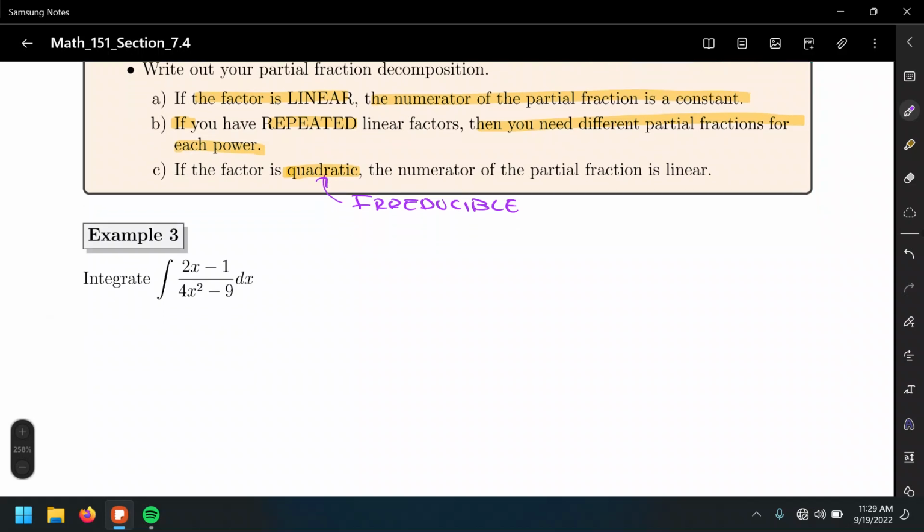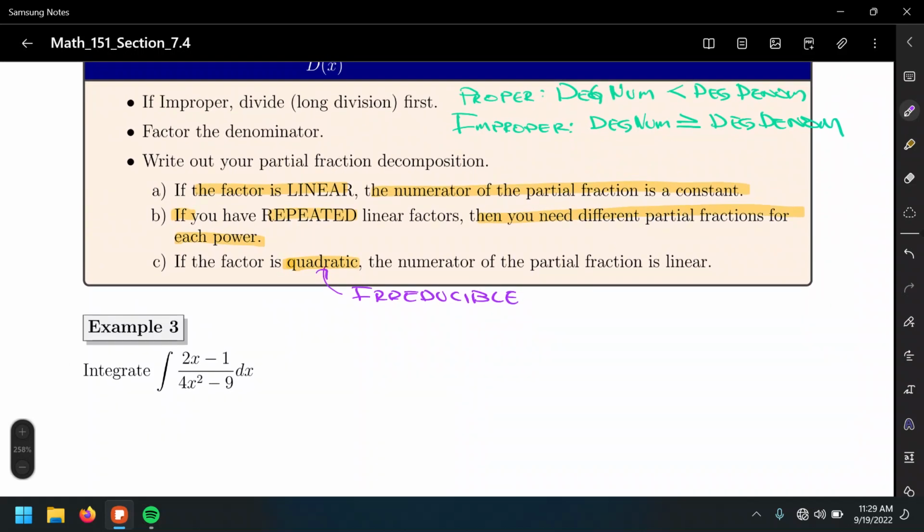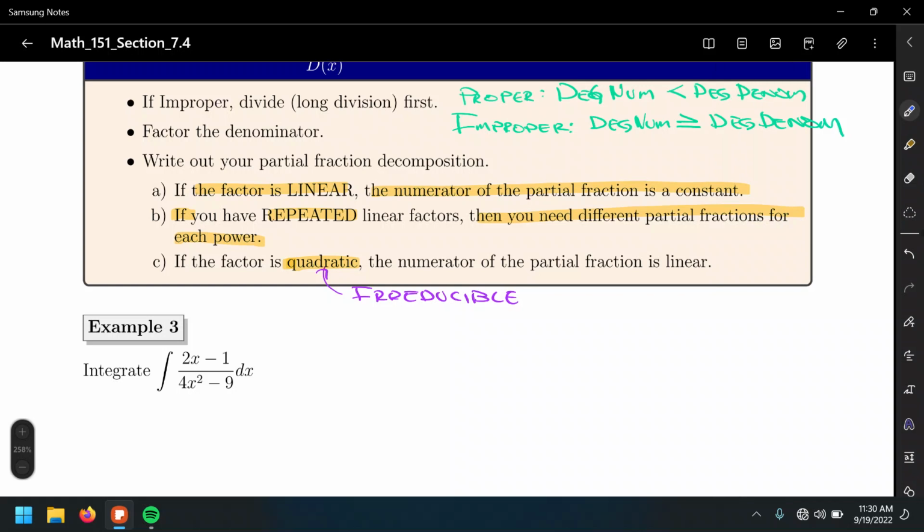Okay, so let's look at one example alongside the checklist that we have here. Number 1, let's integrate 2x minus 1 divided by 4x squared minus 9. Step 1, is that rational expression in the integrand proper or improper? Proper.